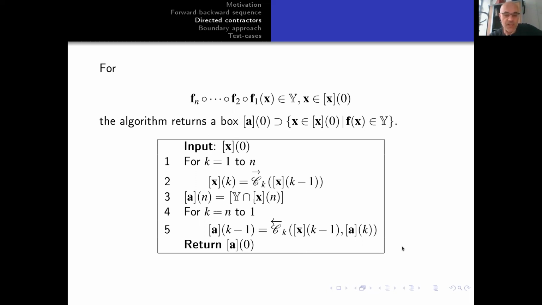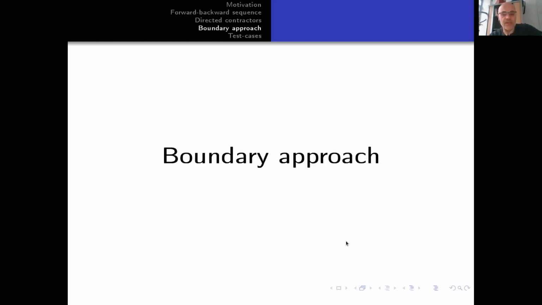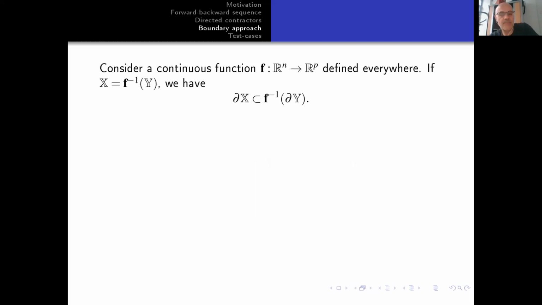Okay, so let me continue on this, and I will discuss the boundary approach that I want to develop here. So I consider a continuous function f, and the continuity is important to deal with the boundary. And I assume that it is defined everywhere.